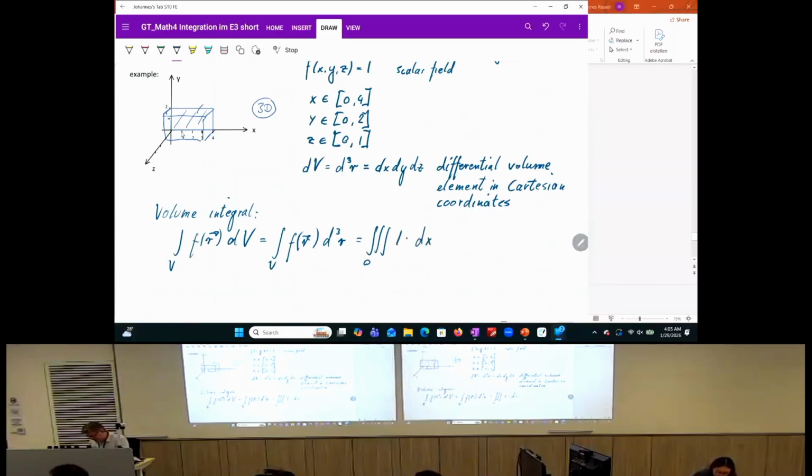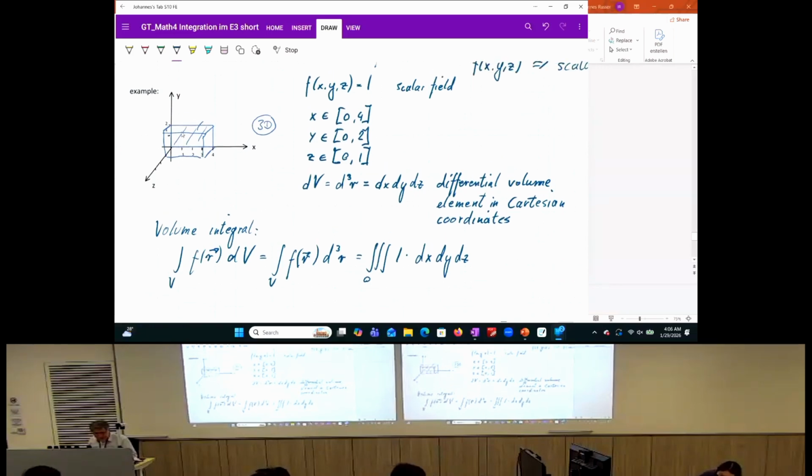You take the dx, dy, and dz, according to what your differential volume element is defined as. And we have said what the integration limits are here. For x, it is 0 to 4. For y, it is 0 to 2, and 0 to 1 for z.